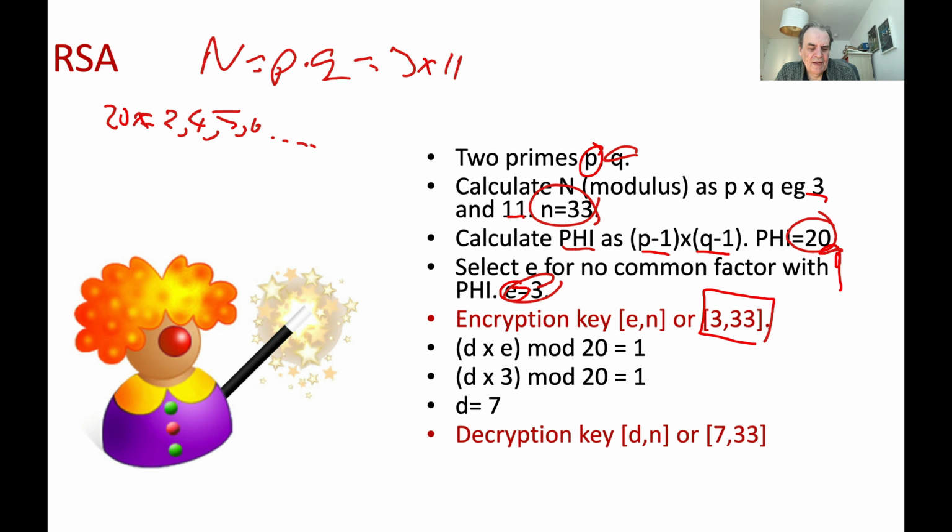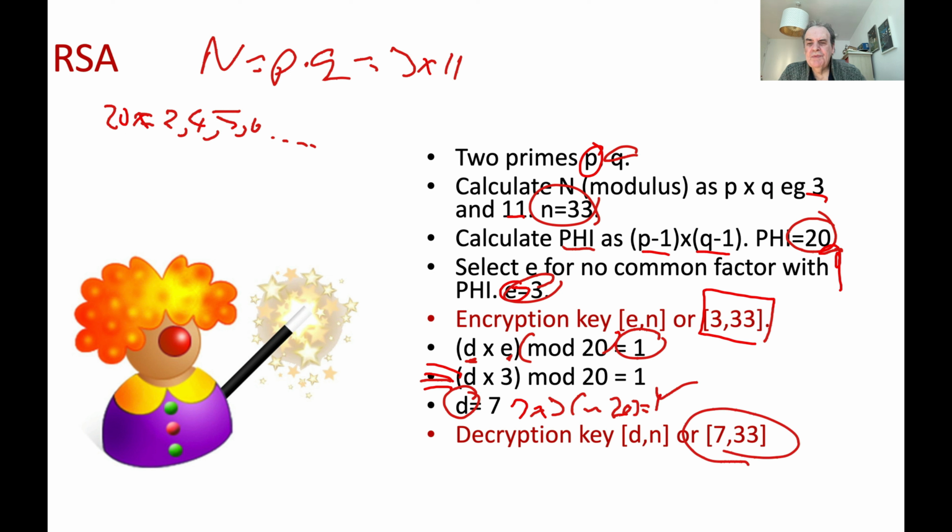We must now find a value of d which, when multiplied by e and we take mod 20, gives a value of 1. It's called an inverse of e mod phi. So in this case we could try different values of d, and we can see that when d is 7, we get 7 times 3 mod 20, and that will equal 1, so that works. So our decryption key is 7, 33.